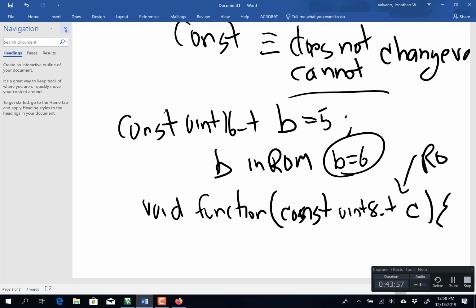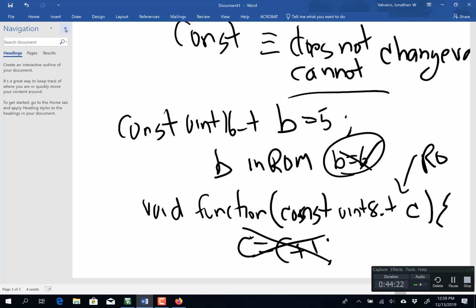It would not compile. Down here, if I say C equals C plus 1, what's going to happen? It's not going to compile. But I can look at C, I just can't change it. That's the definition of const. You can look at it, but you can't change it.